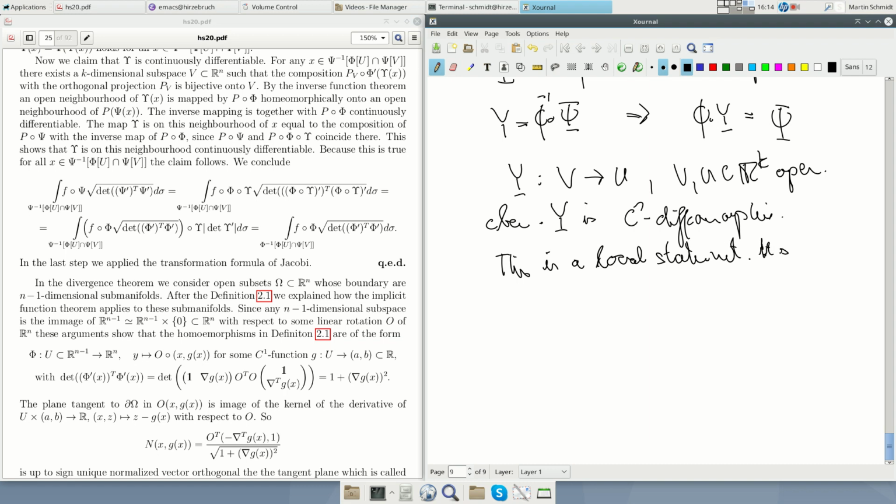It is enough to prove this at all y in V. So we have some y in V, and then it's enough to prove this.